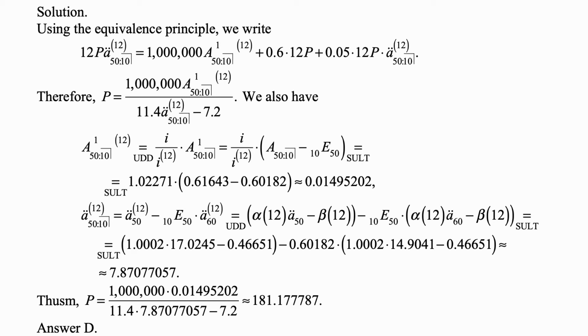So we start with the life insurance. Under uniform distribution of deaths, this life insurance unit value that we have here is equal to i over i^{(12)} times A^1_{50:10}. So that's i over i^{(12)} times (A_{50:10} minus 10E50).